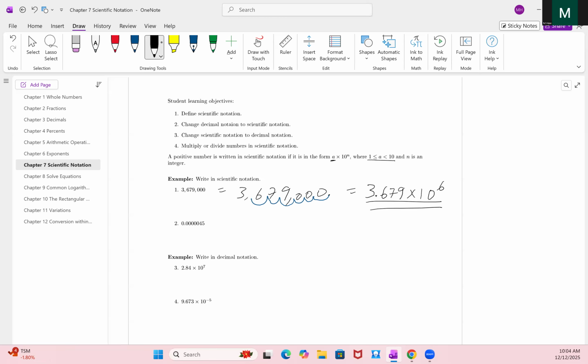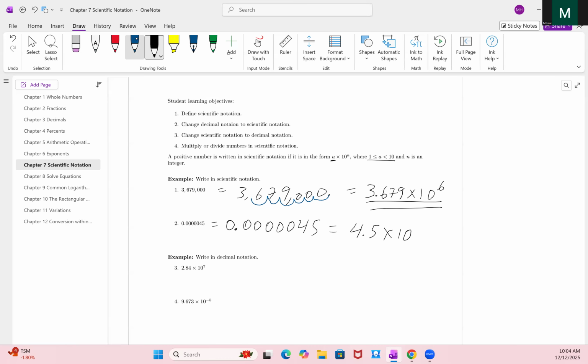To write this number in scientific notation, the decimal point right now is over here, and we have 5 zeros, then 4, 5. Writing this in scientific notation, the decimal point needs to be between 4 and 5: 4.5 times 10.